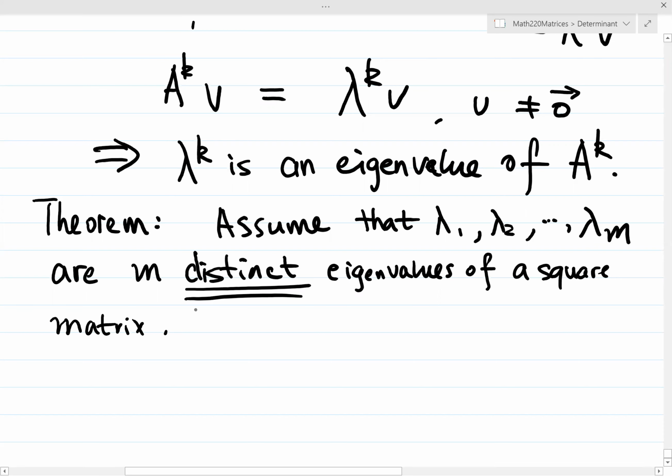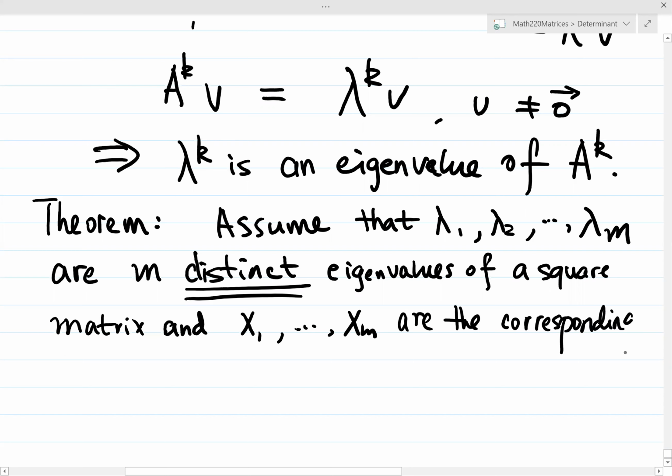With x1 up to xm the corresponding eigenvectors.